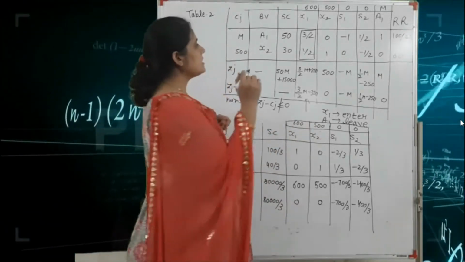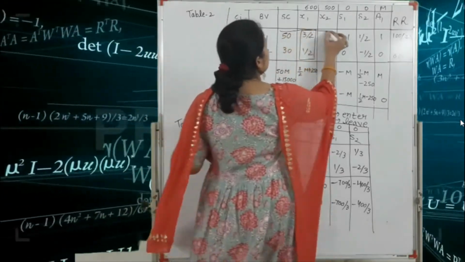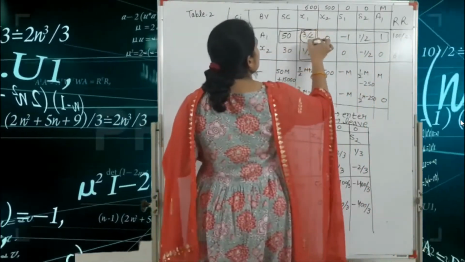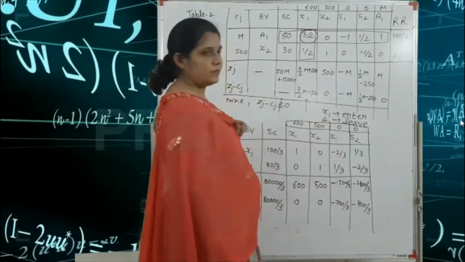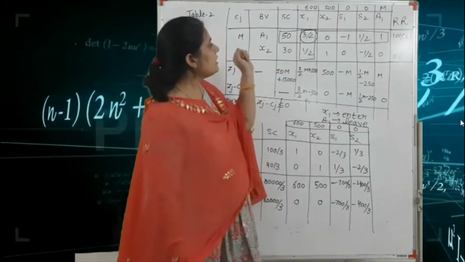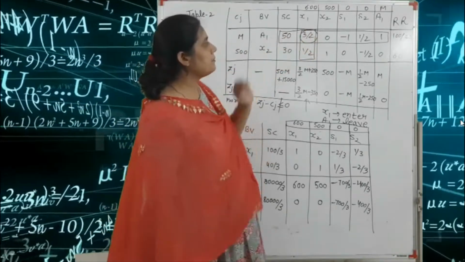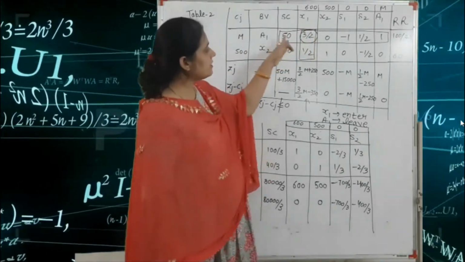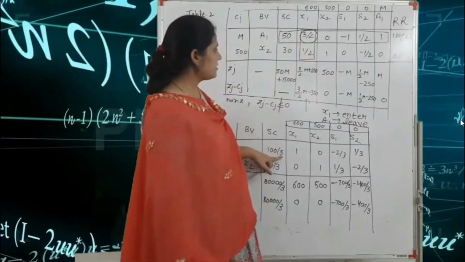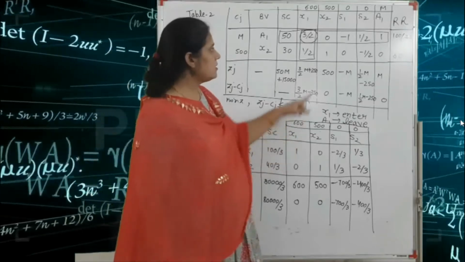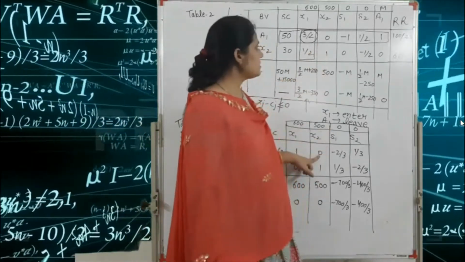Okay, so this is our key row, and 3 by 2 is our key number. First we write the whole row divided by 3 by 2. So 50 divided by 3 by 2 is 100 by 3. 3 by 2 divided by 3 by 2 is 1. 0 divided by 3 by 2 is 0.